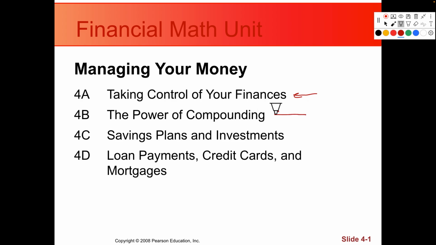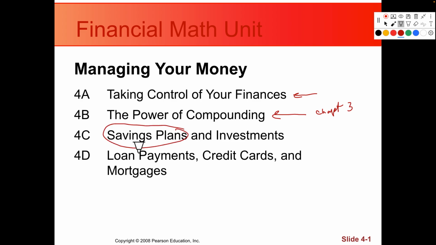We'll look at the power of compounding interest, how it grows over time. This is going to be similar to the percent changes and the exponential functions we saw in chapter 3. And then today we're going to look at savings plans.